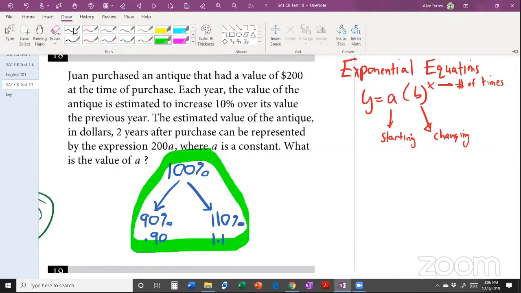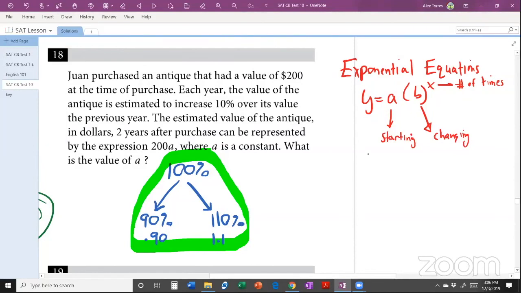So now let's fill in the pieces into this situation they have here. We have something that has a $200 initial value, and it's being increased by 10%, so 1.1, like we explained in green there. And that's happening 2 years, that's happening 2 times.